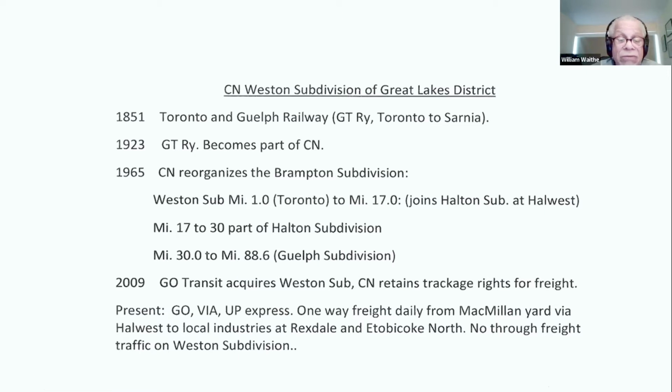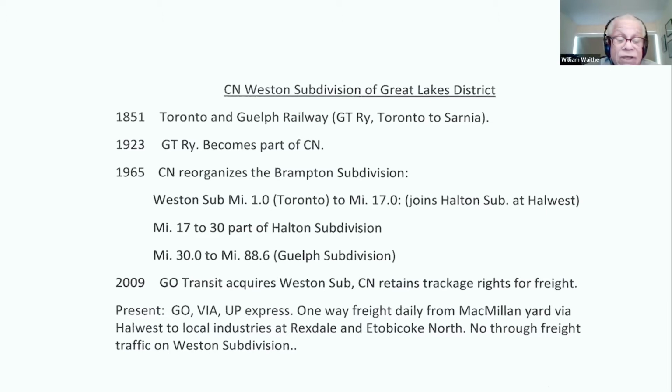The remaining part was a Halton subdivision and a section, the Guelph subdivision, heading west to Sarnia, near the Detroit border. In 2009, GO Transit, which is the local Ontario commuter line, purchased the Weston sub, but CN retained traction rights for the use of freight.